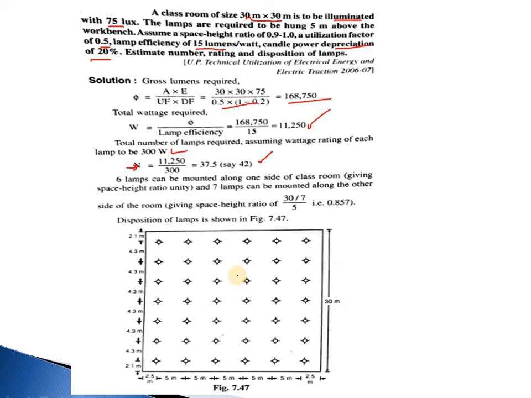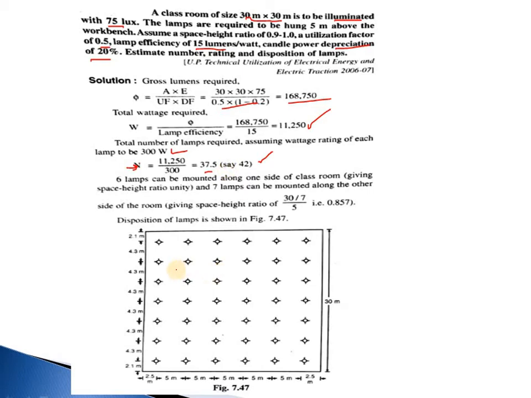So the disposition of lamps is shown here, and as per this we have taken 6 into 7, that is 42, and as per our estimation it is 37.5. Approximating that value, we have taken this disposition of lamps which is near to this value.